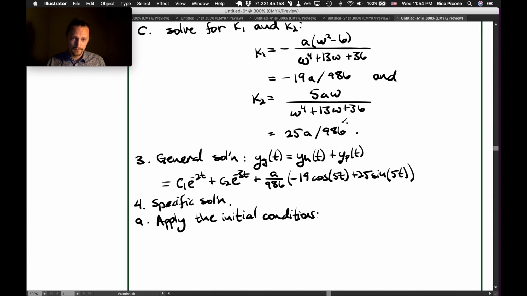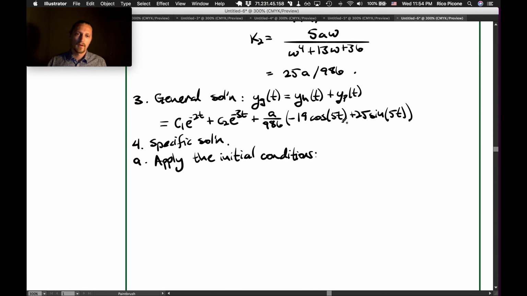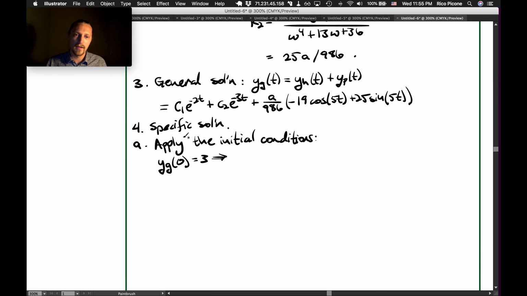So we apply each of those to yg. So the first one is yg of 0 is equal to 3, right? Which gives us this. So let's plug that in.